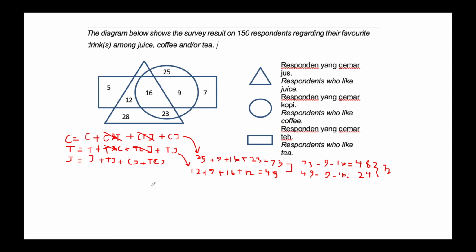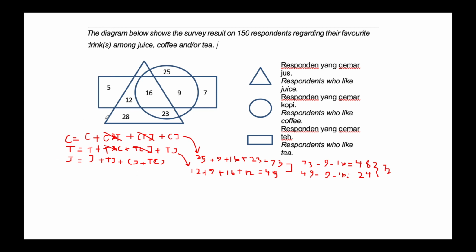All right. And then the next question is, how many respondents only like juice, coffee or tea? Since there is a keyword "only like", it means that they only like coffee, tea, or juice.